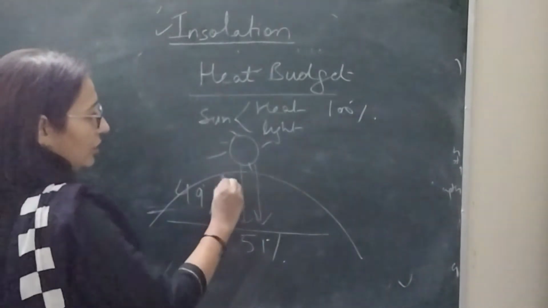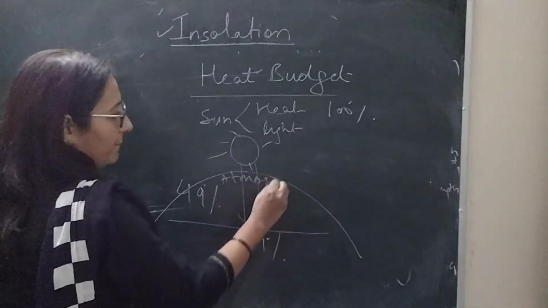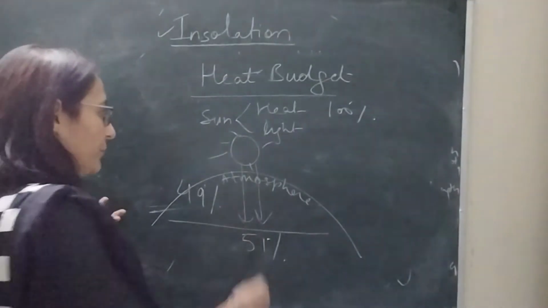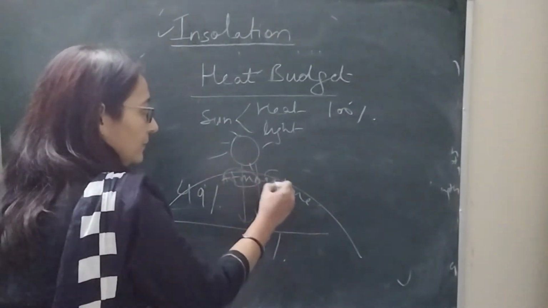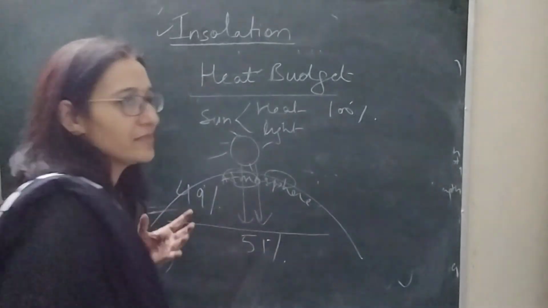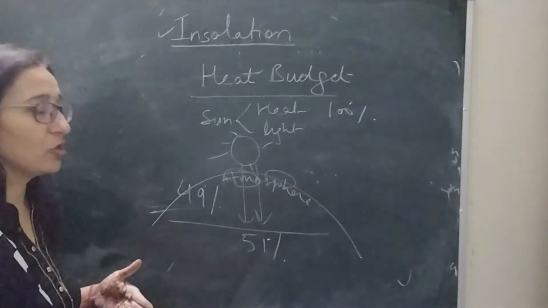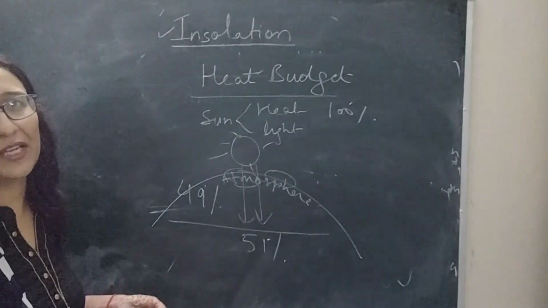As we know, there is a thick blanket of air that surrounds the earth. That is called atmosphere. And we know, the presence of cloud cover, dust particles, and gases either absorb the sun rays, the incoming solar radiation, or reflect the sun rays back.